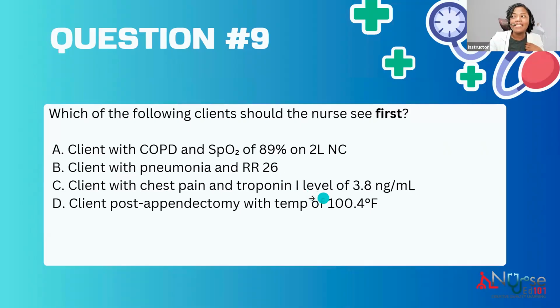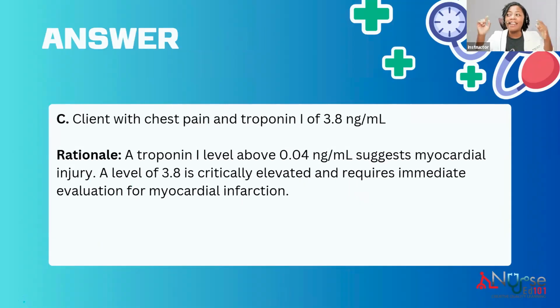It's not, because that troponin level, my friends, my nurses out there, is excessively elevated, which indicates our patient is probably having what? And I see it in the chat. Yes, a myocardial infarction, because that number, 3.8, is high.